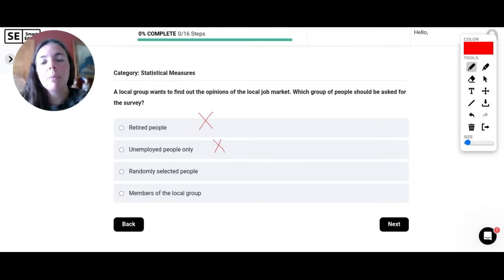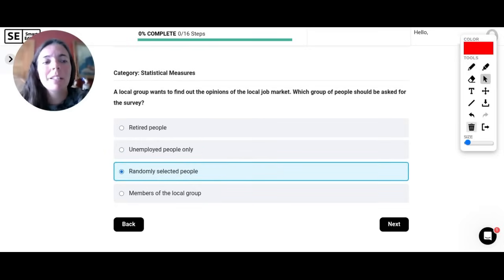Randomly selected people. Typically, randomly selected is the best option if you are trying to take a survey. Members of the local group. Feel like that could be a good option. I don't know how randomized that is or what that local group specifically is. Maybe it's a group of people who are on the board of the town creating businesses. That might be a little biased too. So I think our best option here is option 3, randomly selected people.